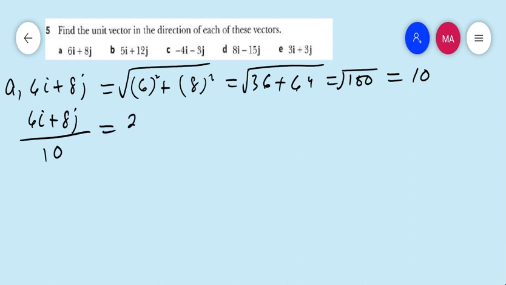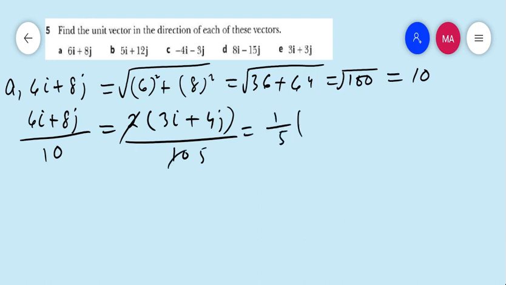Taking common 2 from the numerator, 3i plus 4j upon 5, since 2 fives are 10. The final answer is 1 upon 5 into 3i plus 4j. This is the value of the unit vector. Similarly, do all parts in this way.